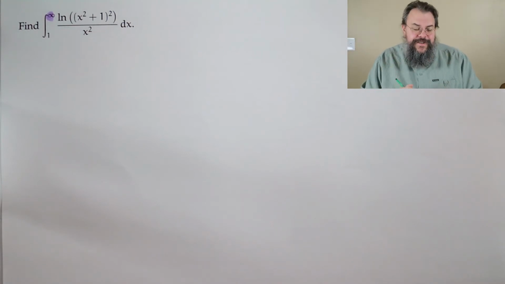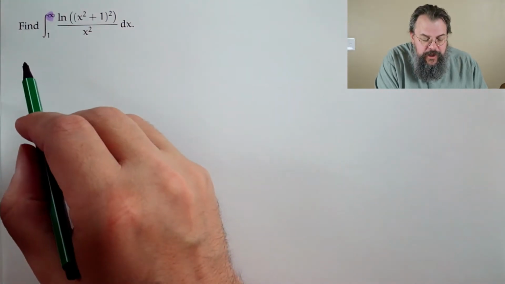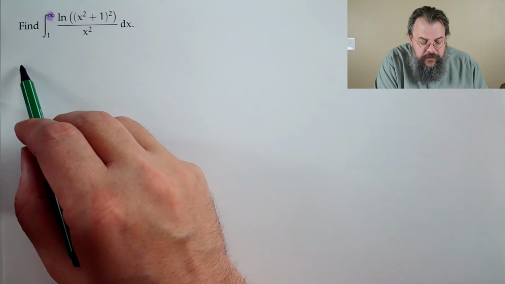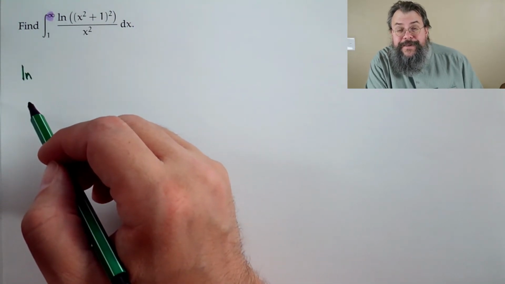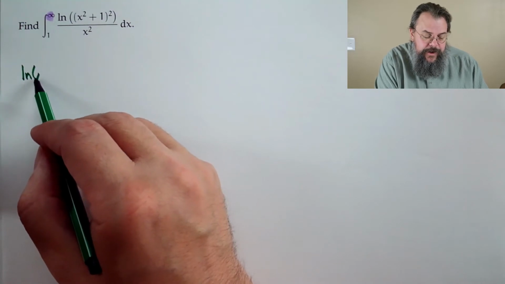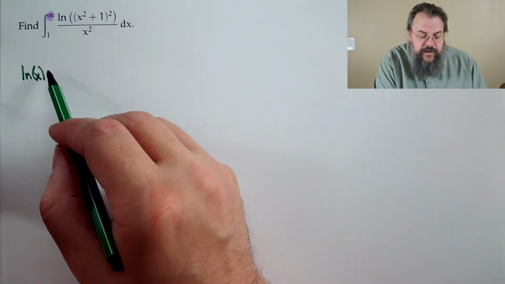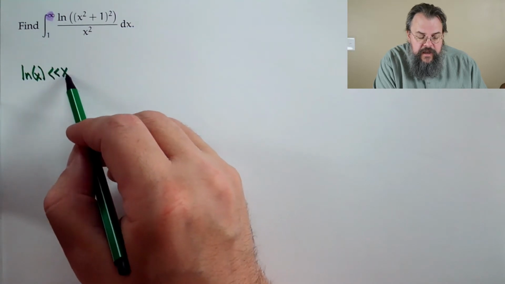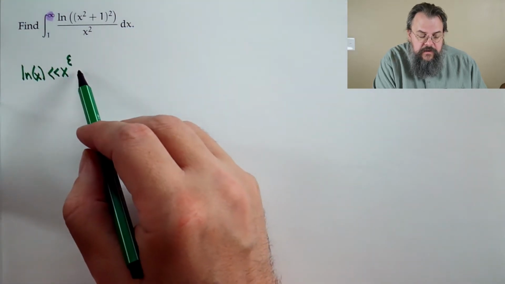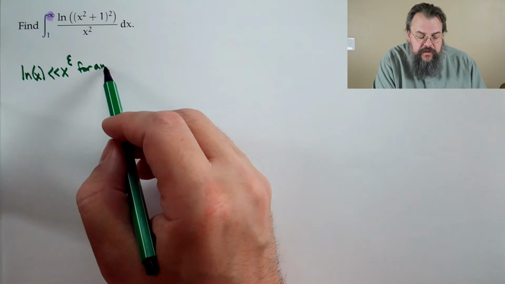There's a little bit of subtlety. If you go further on in math, which is not a bad thing, one of the things that turns out to be true is log of x grows very slowly. It's less than x to the epsilon for any positive epsilon.